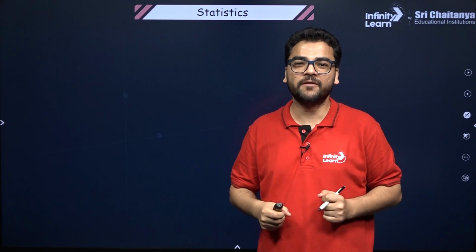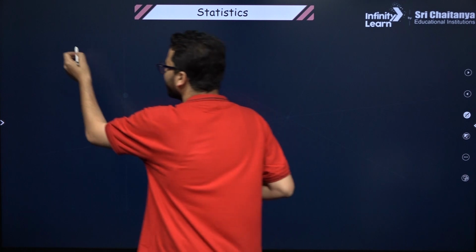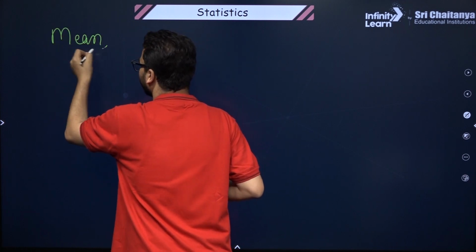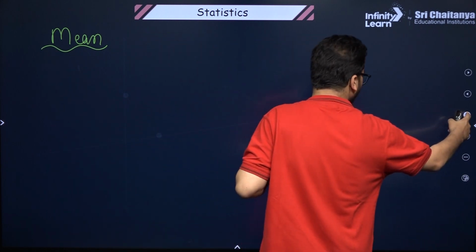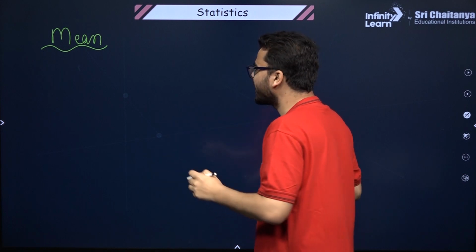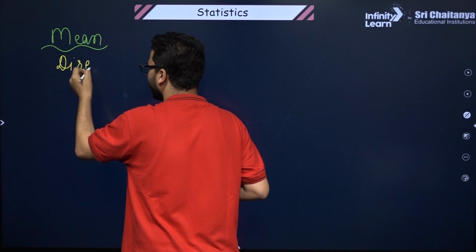Now let's talk about formulae in the chapter statistics. So basically the first thing is your mean. This is your mean, right? So basically out of the three methods given in NCERT, only two methods are there in your syllabus. The first is your direct method.